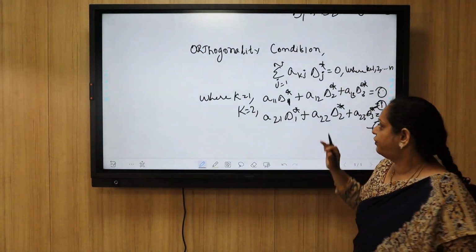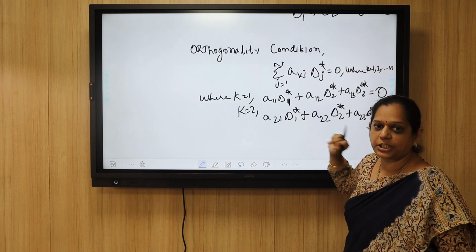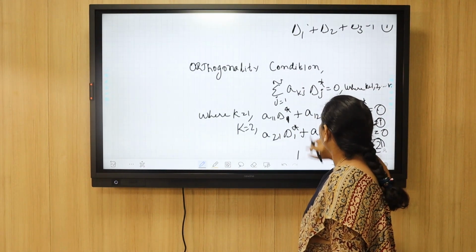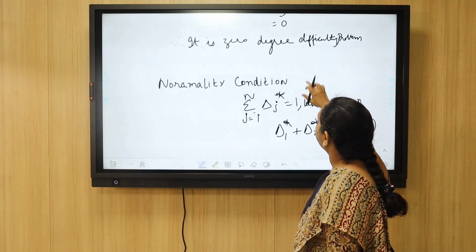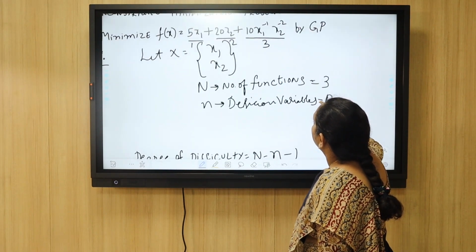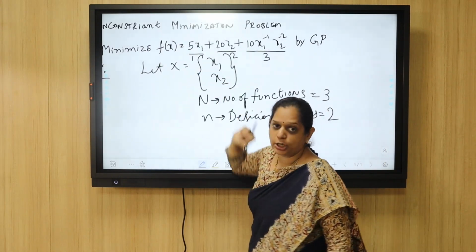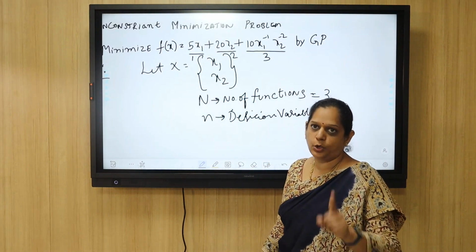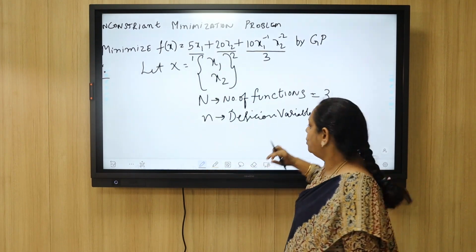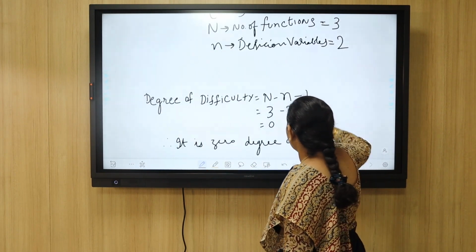In the formula, a11 is given by the x1 value. In the problem, x1 is in the first function. How much is the x1 power in the first function? 1. There is no x2 there, so 0. Here it is the same way.